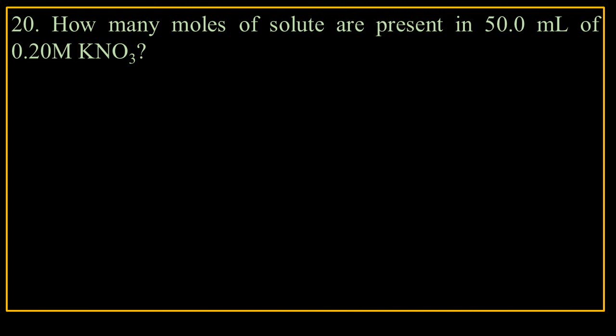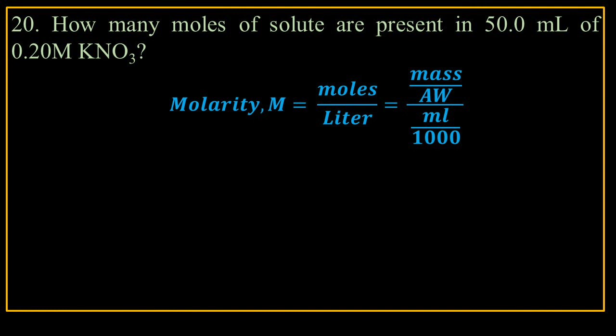How many moles of solute are present in 50 milliliters of 0.20 molar potassium nitrate? Now, when the molarity is exact, it's oftentimes 2 significant figures, like 0.20 instead of 0.200. Well, there is the equation for the calculation.